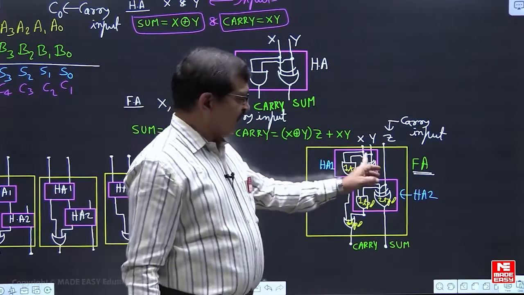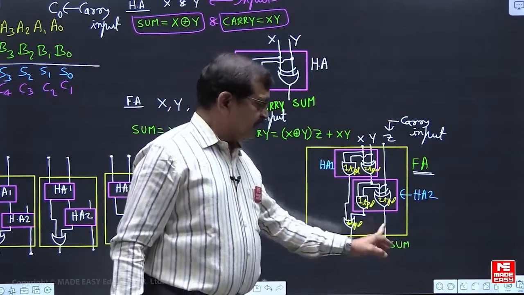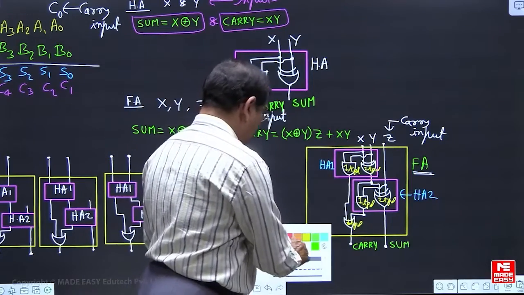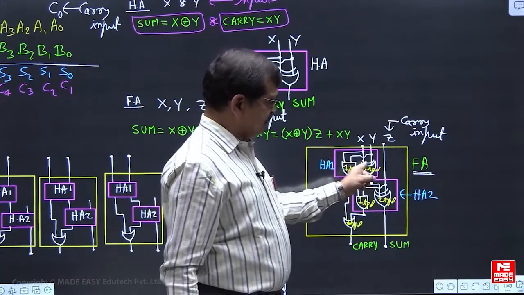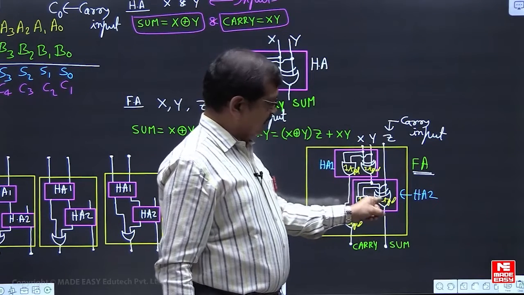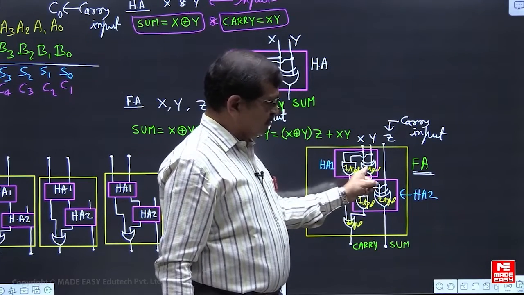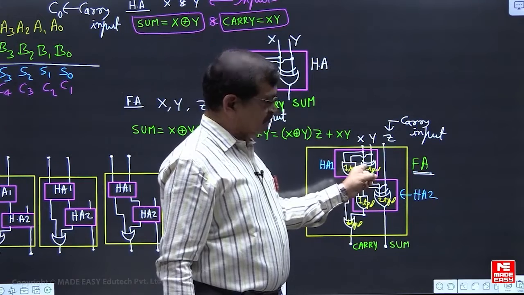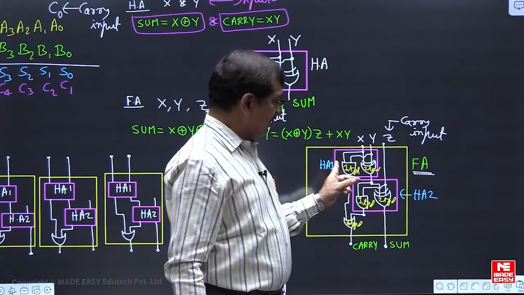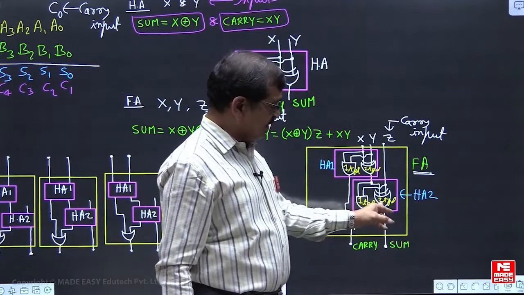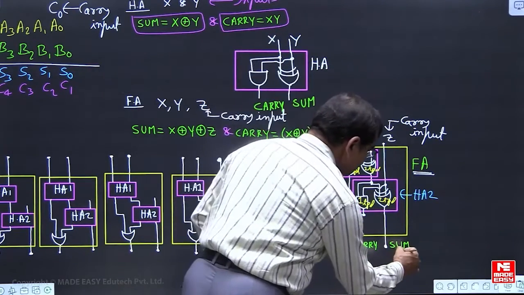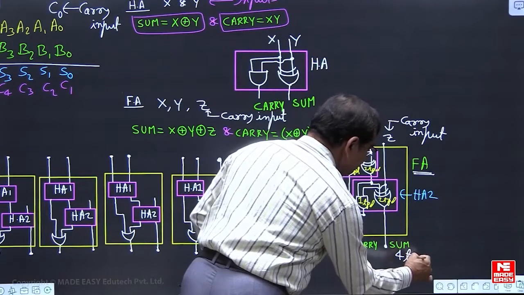Now from a full adder, we look at the sum. It is available with what delay? 2 TPD is one of the inputs. The other input may be coming directly, but to get the output we need the output from the first exclusive OR gate of half adder 1, and then the next one. So effectively 2 TPD plus 2 TPD comes to 4 TPD.